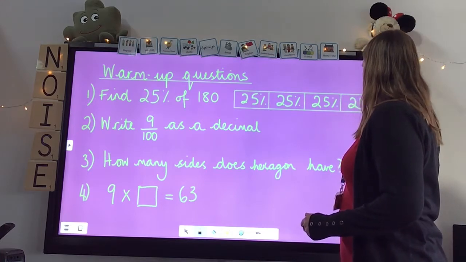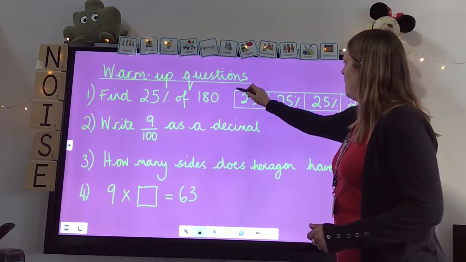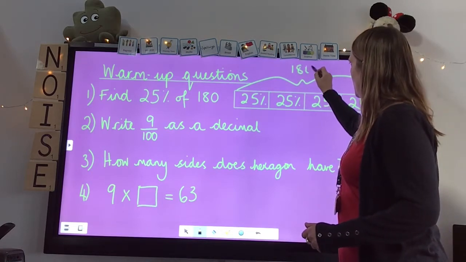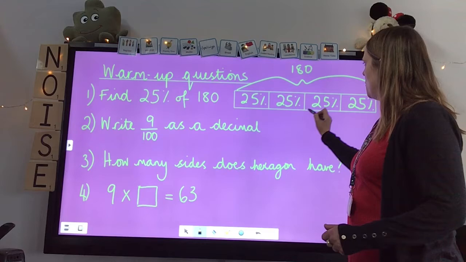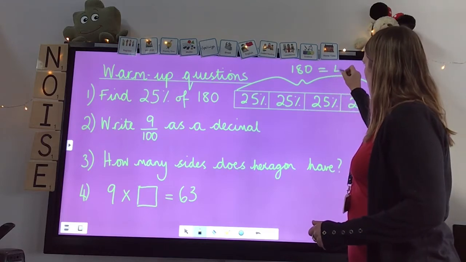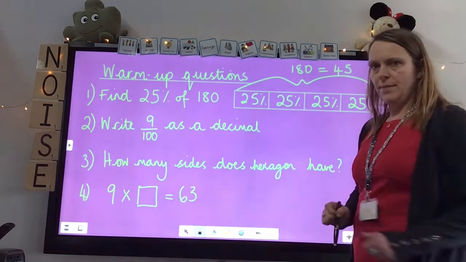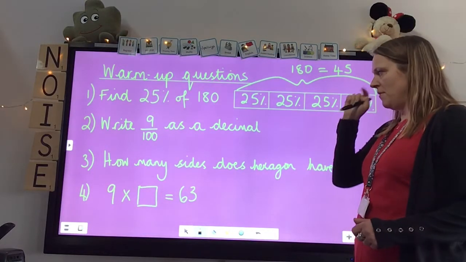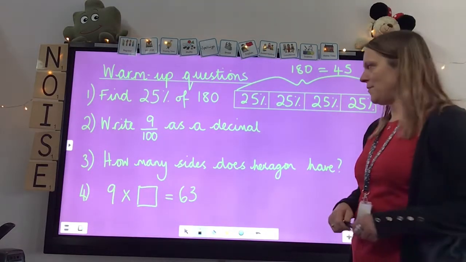So all of that together is 100, obviously, and then I know that 100% is 180. So 180 divided by 4 would be 45. Hopefully that makes sense.